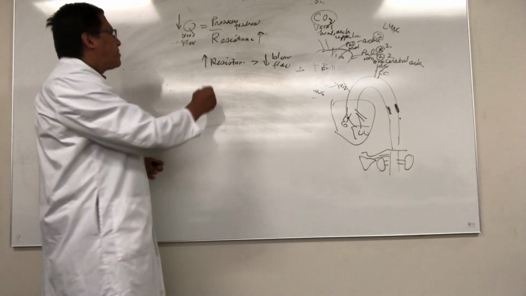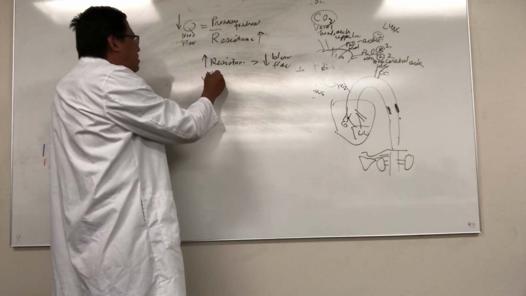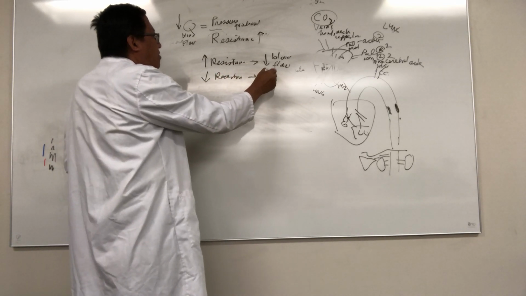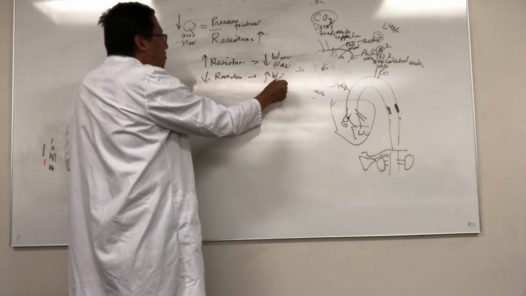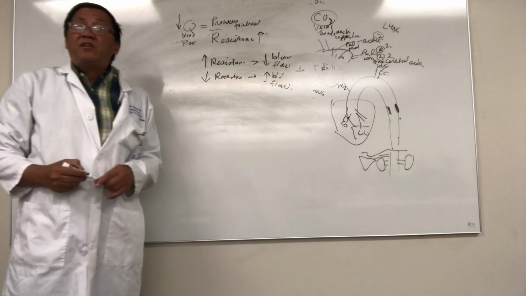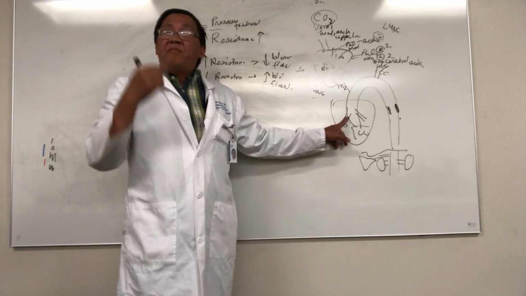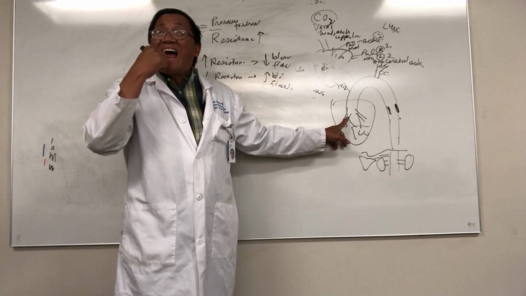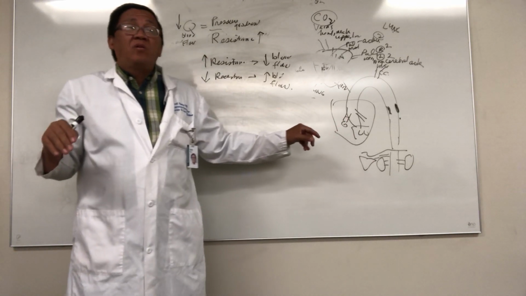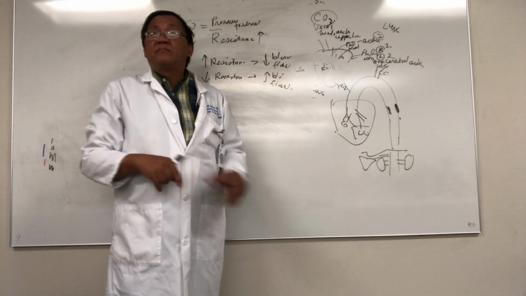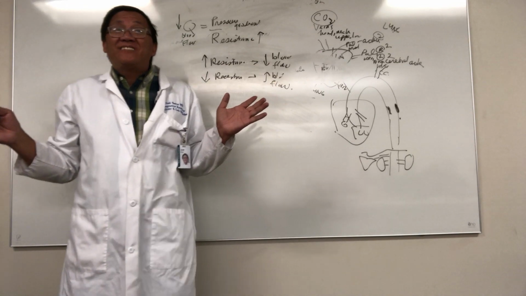On the other hand, if you decrease the resistance, what happens to the blood flow? Increased blood flow. I'll give you an example. Remember the drug we give under the tongue? It's called nitroglycerin. What does it do to increase blood flow here? Vasodilate.